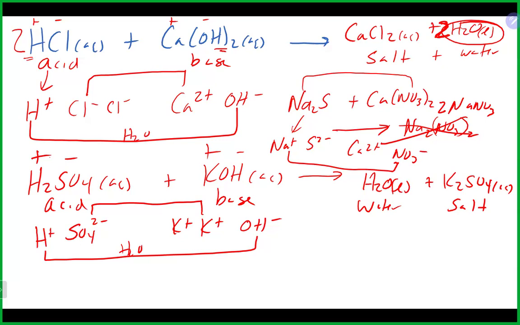Now we could go back and do coefficients and balance it. So probably a 2 there and a 2 there, I think, and then we should be good at that point. So that again is the order you want to do it. Always when you're doing any type of double displacement, putting ions together, basic, just one of each of those ions, what they are, put it together, proper formula, then balance.